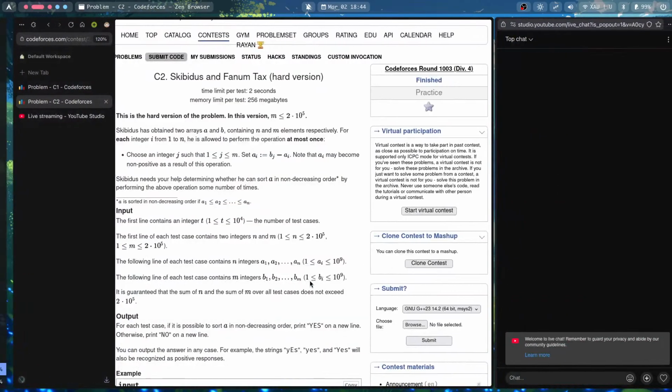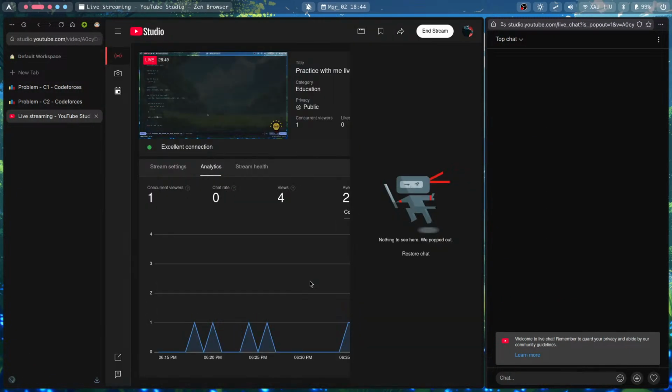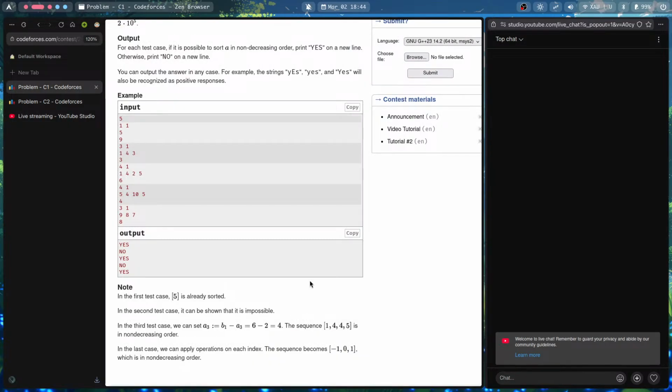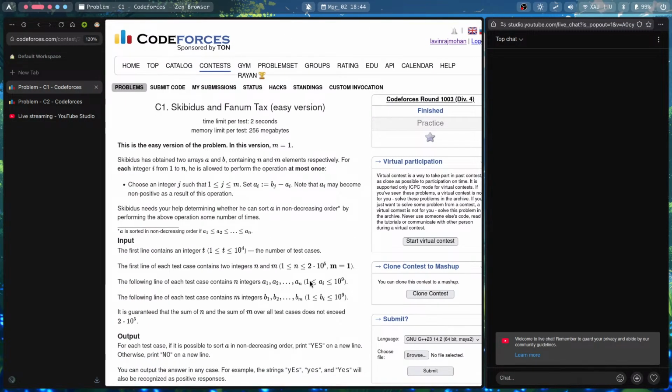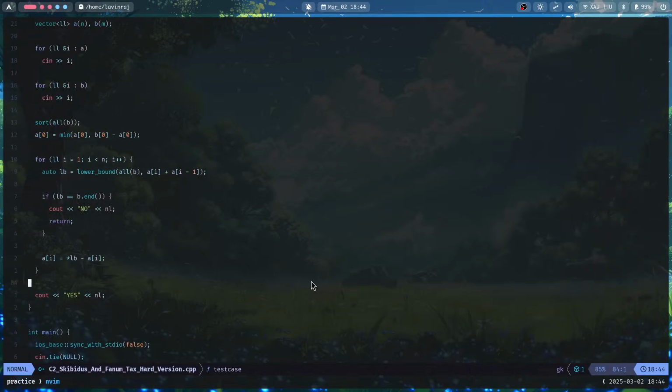It's not working at all, then what could be the answer? Anyone have some hints? What is wrong with this code? I mean, we just sort the array B and reduce the first element of array A as much as we can, and we do that by taking the minimum element of B and subtracting A0 from it. So we have the first element as minimum as possible.